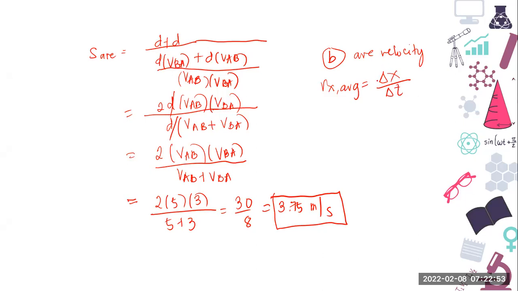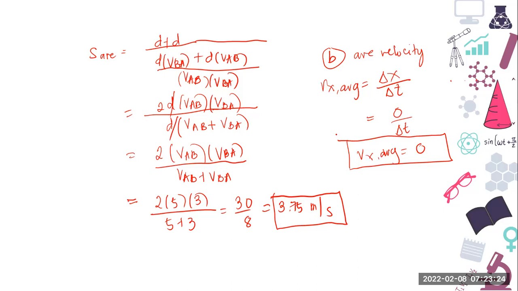However, we're talking about displacement, and we know that that person walked from A to B, then B to A. Thus, if the person or the object goes back to its starting point, the displacement will become 0. So the answer for this one is 0. Okay, because the person went back to the starting point.